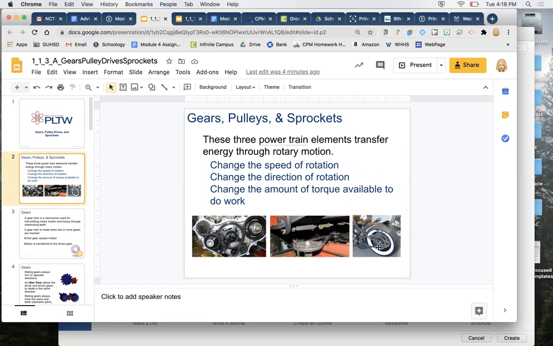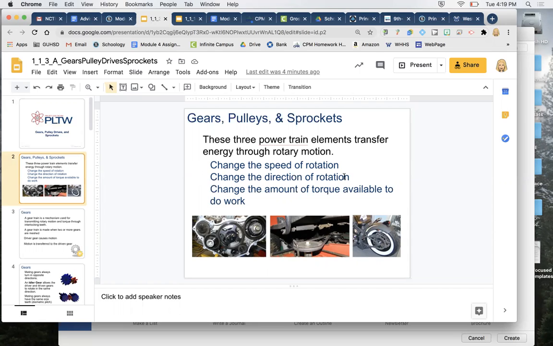You can think of them on bikes, or in this one it's on a motorcycle, it looks like, but that's a sprocket where you're using a chain. A couple of things with all of these is that they all fulfill one of these purposes. They can either change the speed of rotation, they can change the direction of rotation.